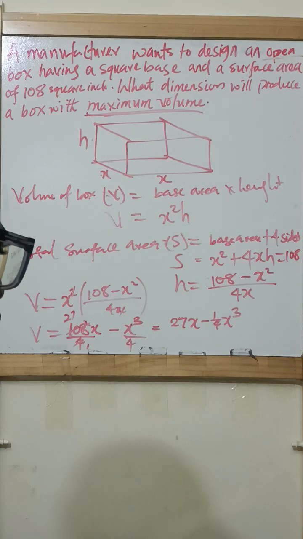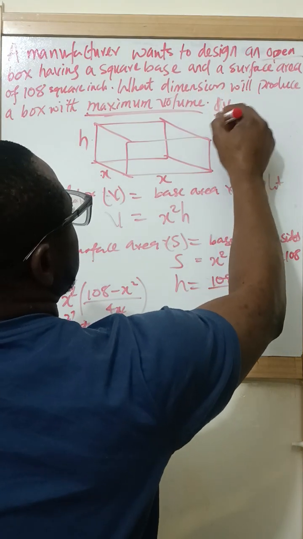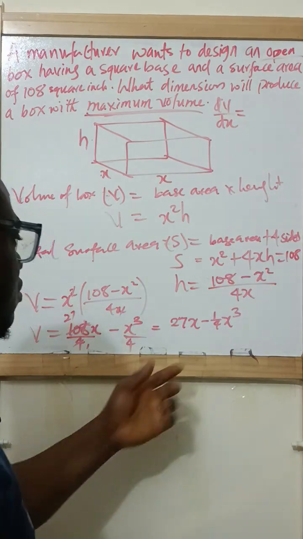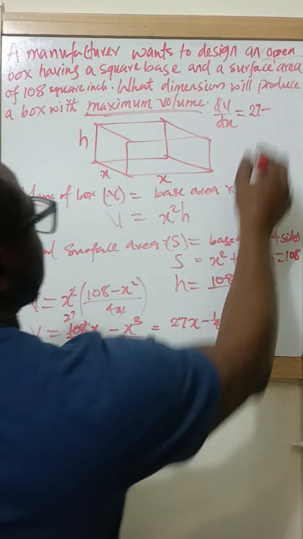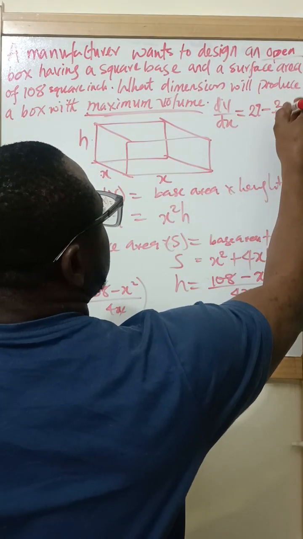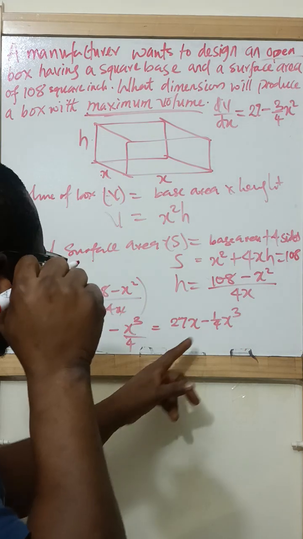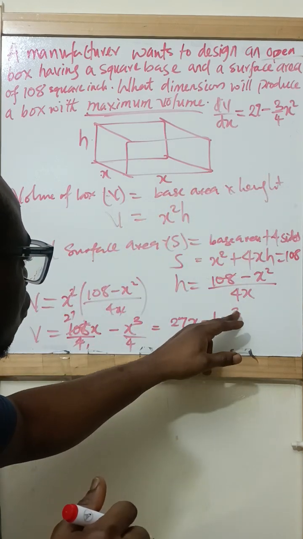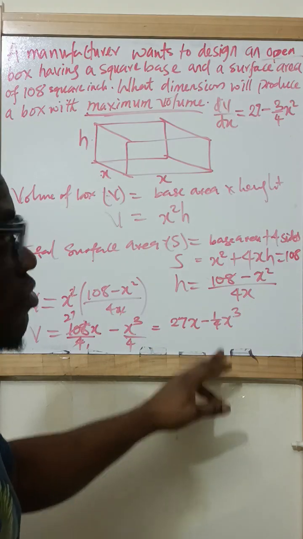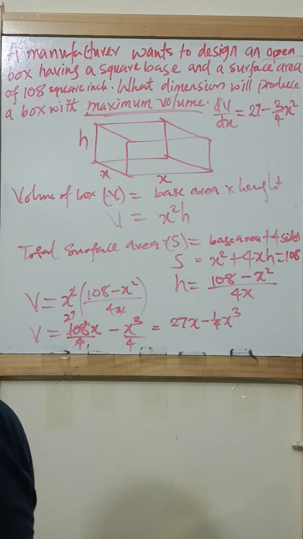If you have a negative value, it shows that this is a maximum. The dV/dx from here is going to be 27 minus 3 over 4 x squared. When you differentiate this one, you get 27. When you differentiate this, you use the 3 to multiply 1, that will be 3 all over 4, then remove 1 from the power, and that's how we obtain that.